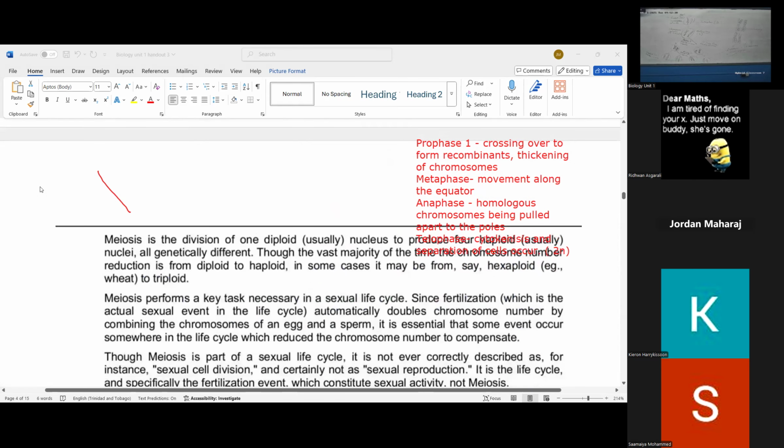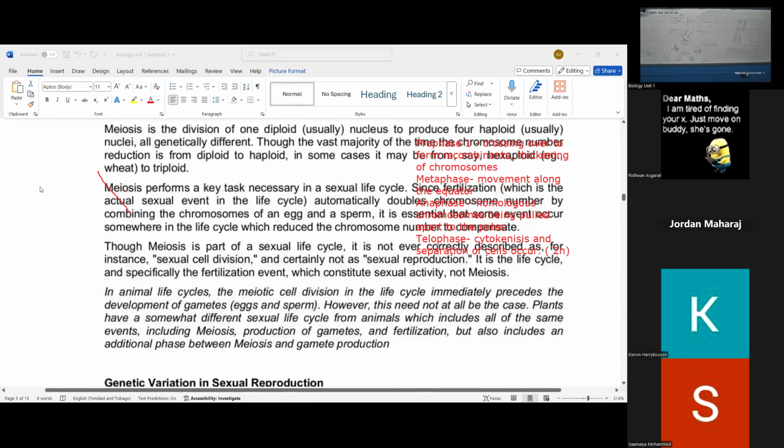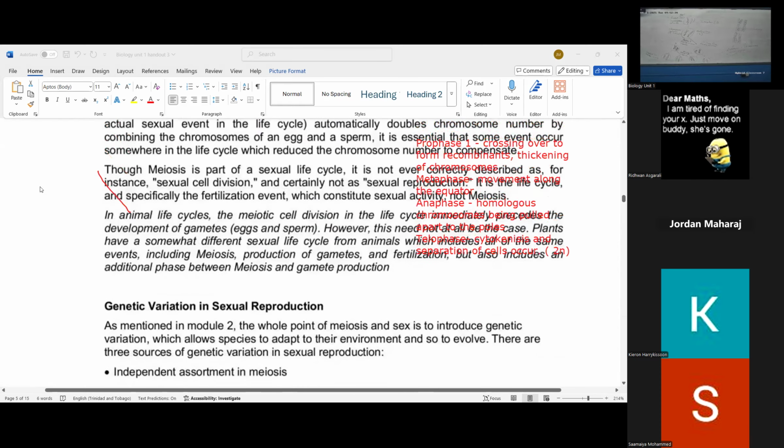In the document, there is a definition for meiosis, and it explains what happens in meiosis.